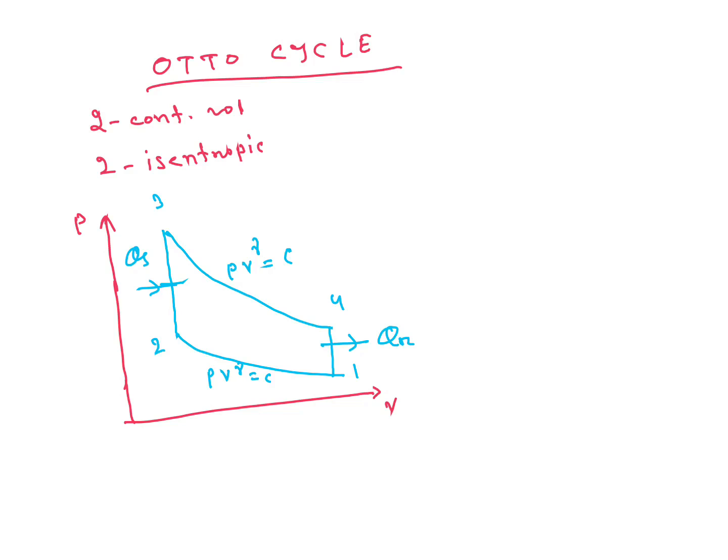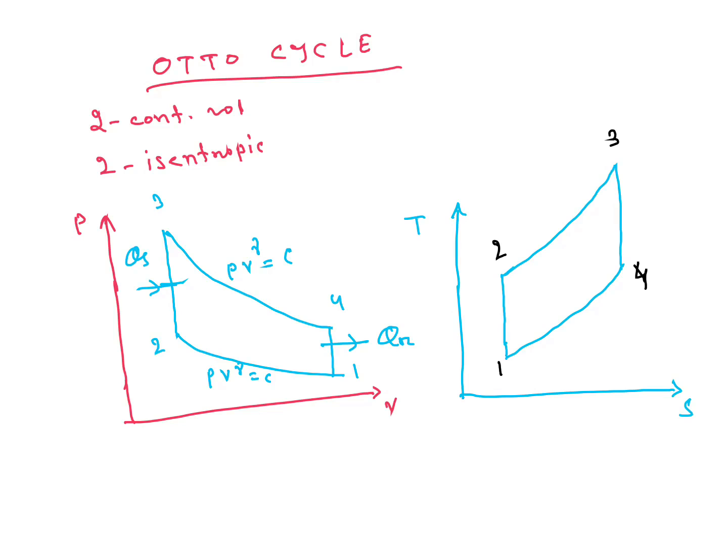For TS diagram, 1 to 2 isentropic process, 2 to 3 constant volume process, and 3 to 4 isentropic process, and 4 to 1 constant volume process. Constant volume heat addition and 4 to 1 constant volume heat rejection.